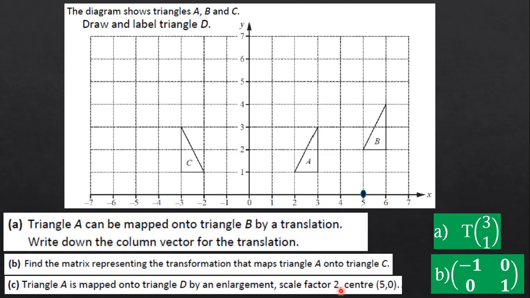So students, now consider any vertex of the triangle A. Let us consider this vertex first. Join it to the center.